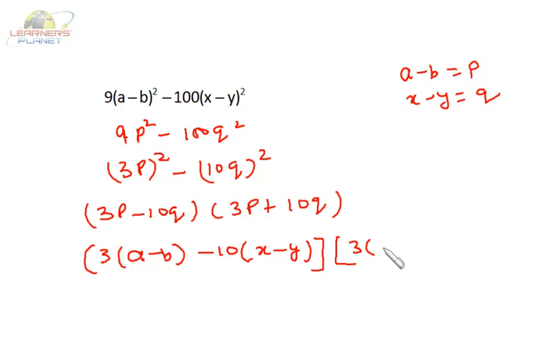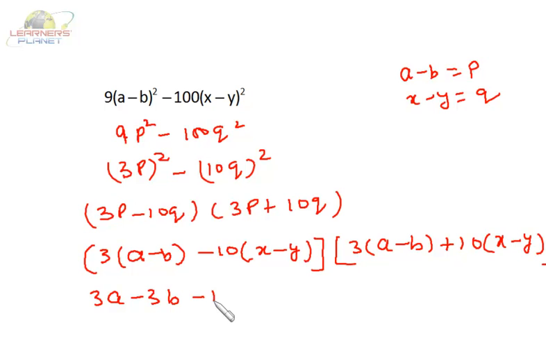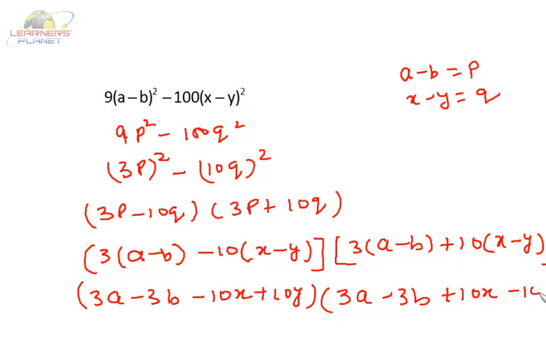Then it is 3 a minus b plus 10 x minus y. Now just simplify it. It's 3a minus 3b minus 10x, and minus 10 into minus y is plus 10y. Similarly, 3a minus 3b plus 10x minus 10y. It looks like a big problem, but it's very simple, friends. Just believe me. Okay?